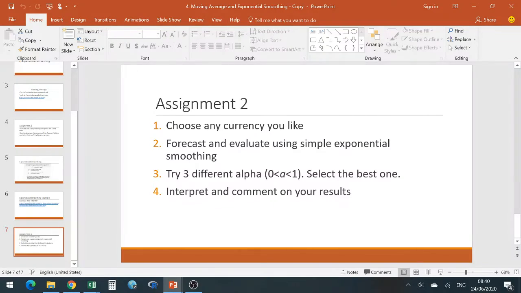Do the forecasting evaluation using simple exponential smoothing, the way I just showed you, and try three different alphas. You can choose any alpha between 0 and 1. Alpha cannot be more than 1 and cannot be less than 0, so it can be 0.1, 0.25, anything. Then select the best one, and I want to see your interpretation and comments on the result.